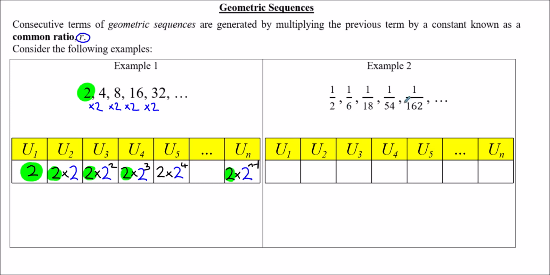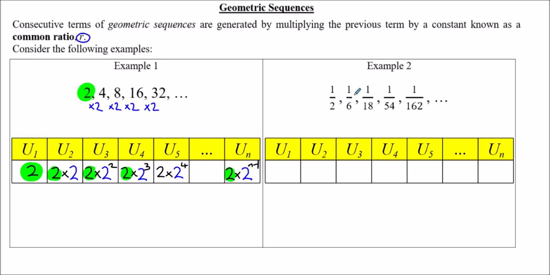Does it work here, I wonder? This is a second example. Well, for this example, we can see it looks like each term going along is being divided. So a half divided by 3 gives us a sixth. If we divide that by 3, it's 1/18th and so on. But with geometric sequences, we always need to think of it as one term multiplied to get the next.